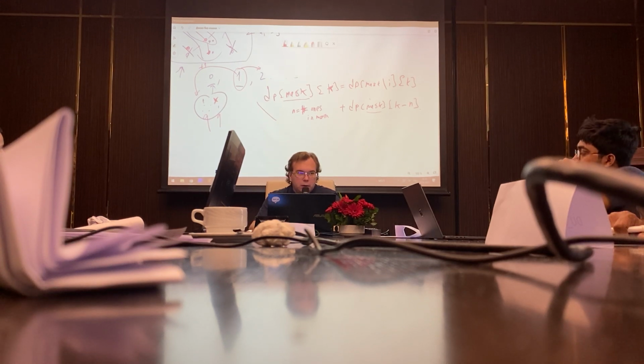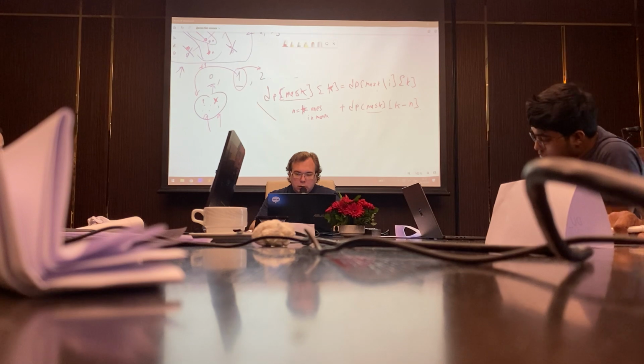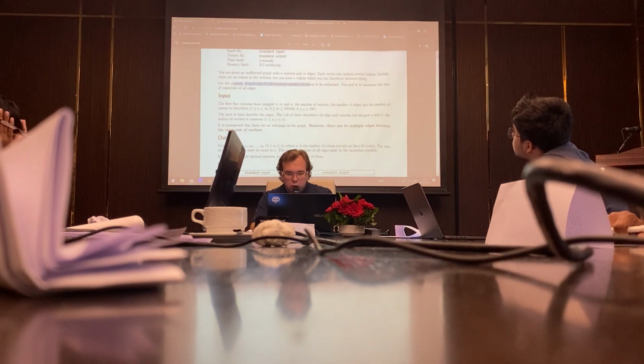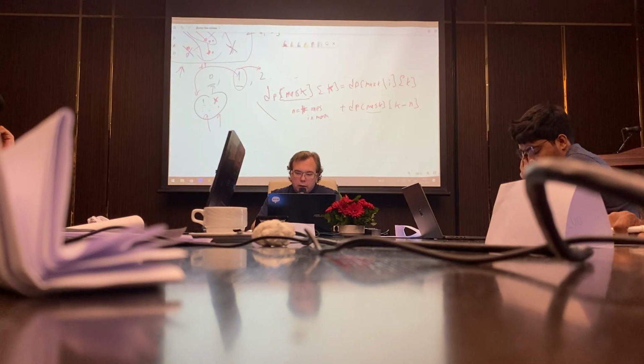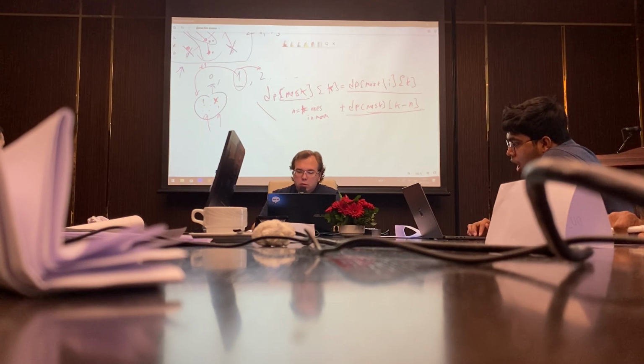Okay, so now this is the dp, and what do we store in it? We need the maximum sum of all capacities, so let's think about the capacity now. When we delete some vertices, the capacity doesn't change. And when we give each vertex 1 token, the capacity of all edges in the mask will be increased by 1. So the total capacity will be increased by the number of edges contained in the current mask.